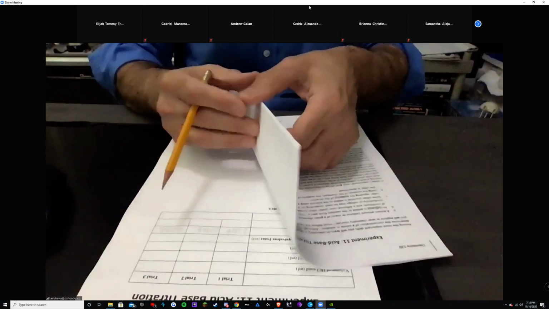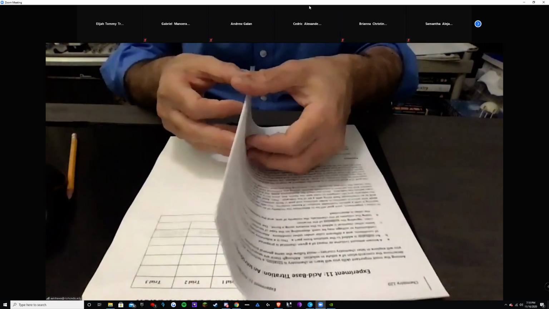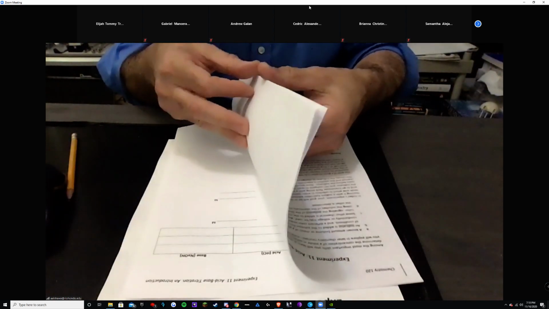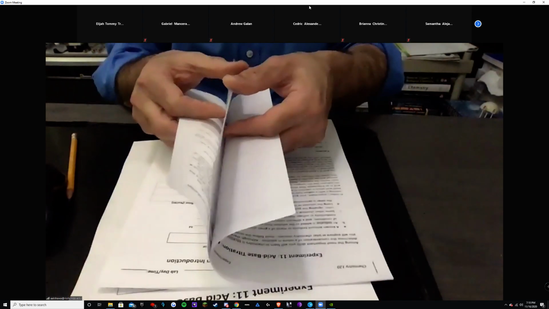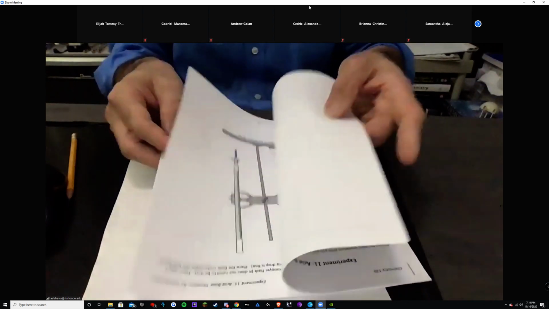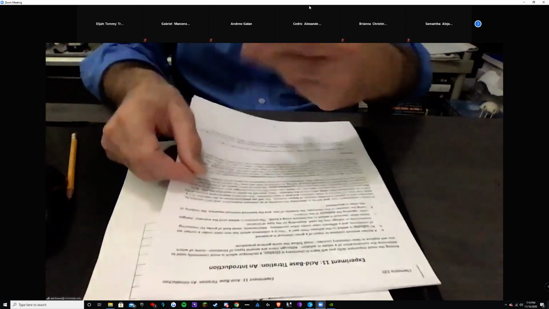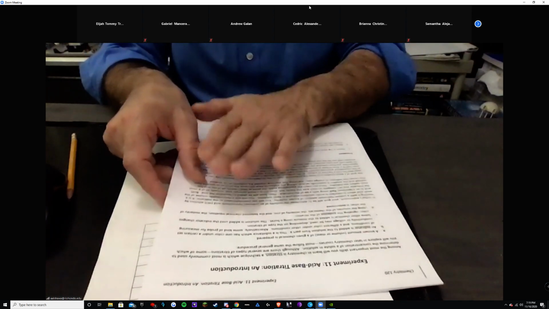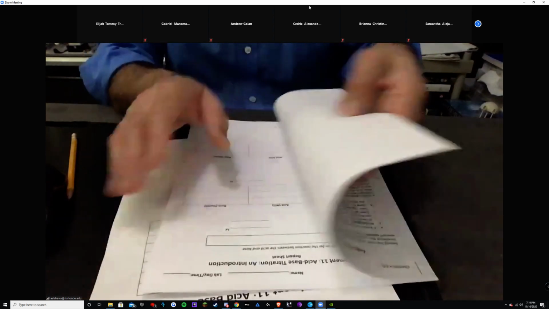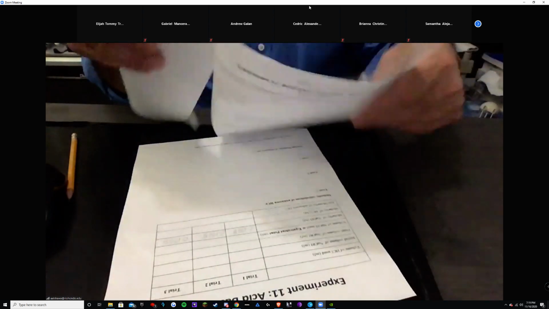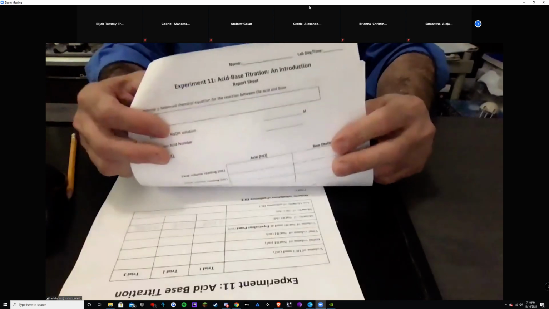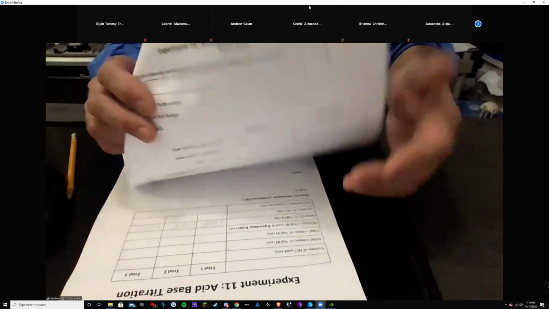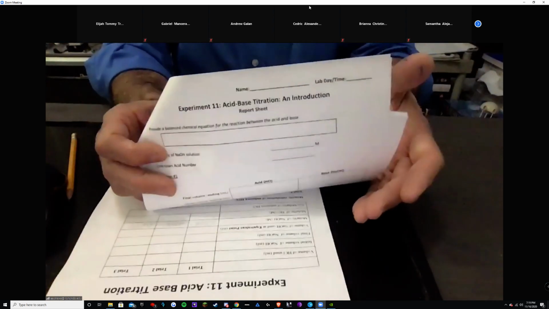The packet starts with page 86 and on and on. The lab report has 2 sheets, but it requires a good amount of reading through the materials and all the steps and the procedure. So it'll take a while for me to show you all these steps. We're going to follow the same procedure, but we're not going to submit that data sheet, because it is meant for doing the titration manually using your hands.